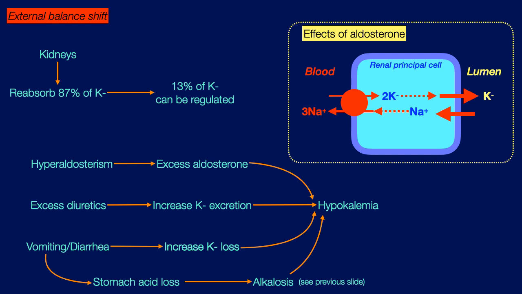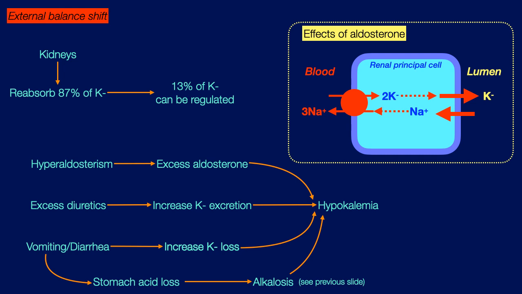As the pumps collectively move more sodium into the blood under the influence of aldosterone, more potassium gets pumped into the cell, because the pump makes two potassiums go in, and this is going to raise the intracellular potassium concentration.